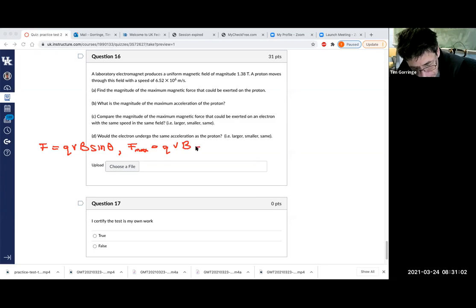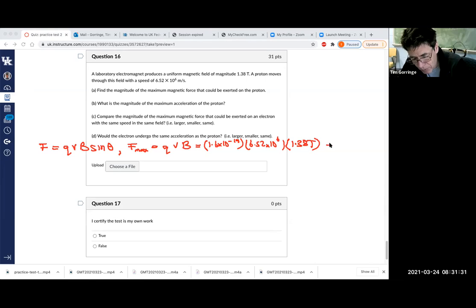And all of these quantities we know. A proton has a charge 1.6 times 10 to the minus 19 coulombs. This proton is moving with a speed 6.52 times 10 to the 6 meters per second, in a magnetic field that's 1.38 Teslas.